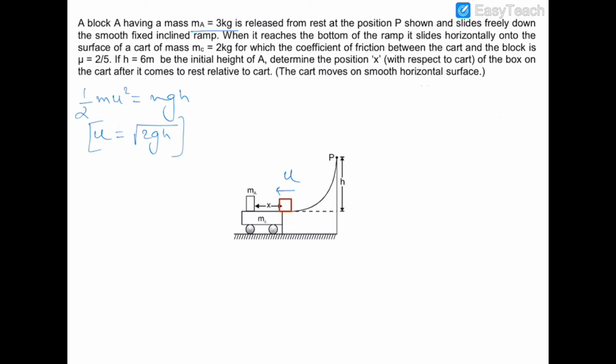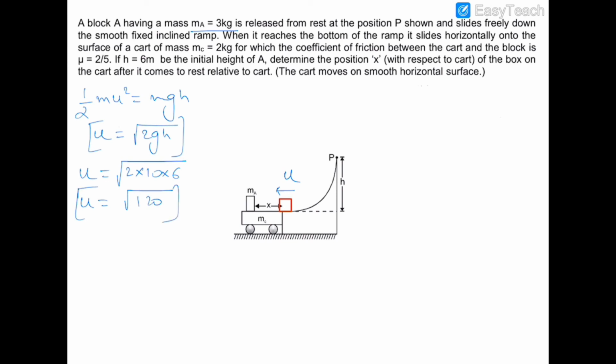Now u can be calculated by substituting the values as 2 into 10 into 6, so u is equal to under root of 120. This is the value of initial velocity of this block.